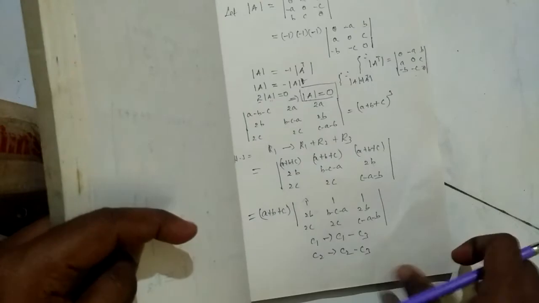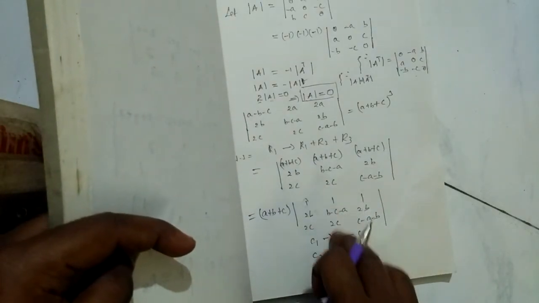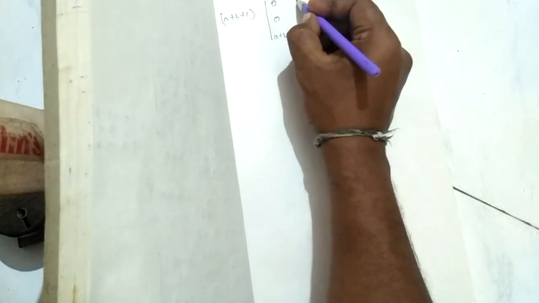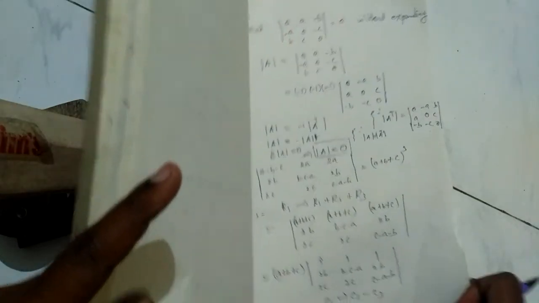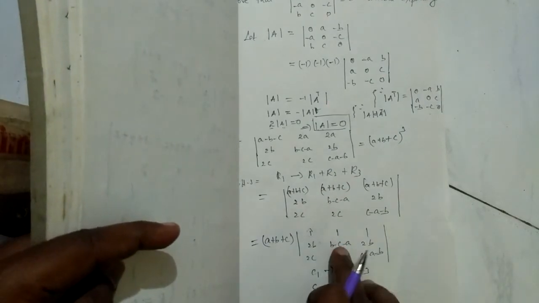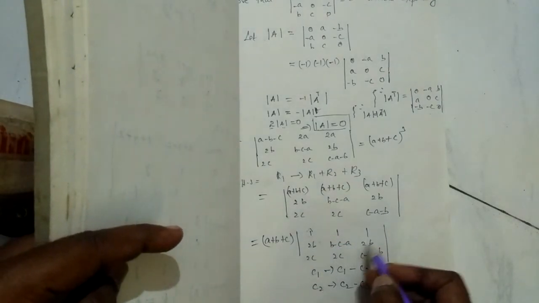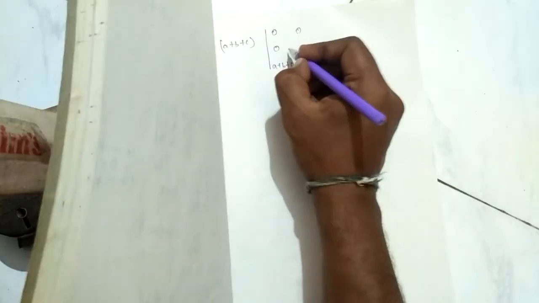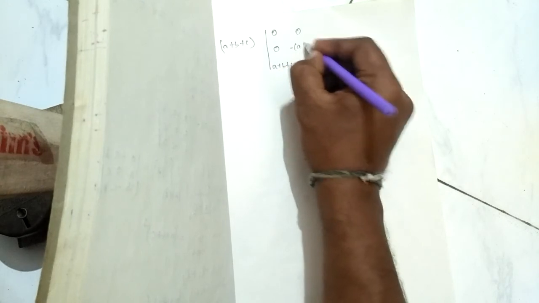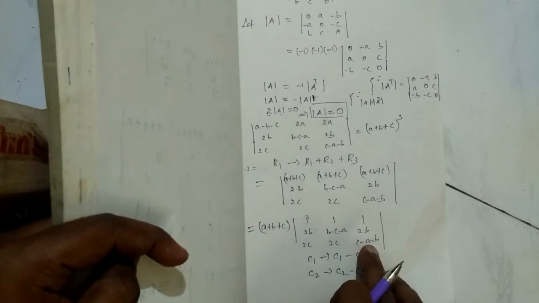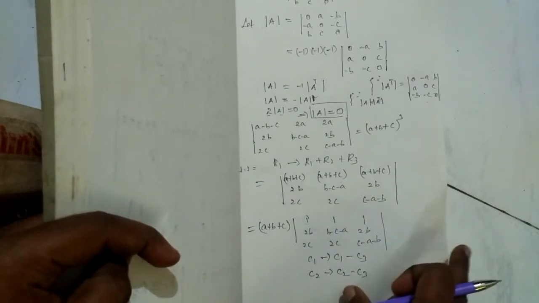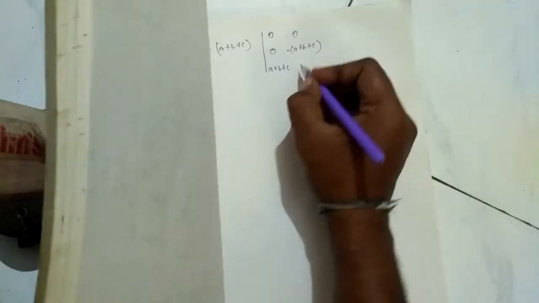Okay, similarly for the second, C2 minus C3, that is this one, right? So that step, if you do, these two elements are going to be 0. This element minus that element will become minus B, so you get minus of A plus B plus C. And here 2C minus that one is going to be A plus B plus C you will get.